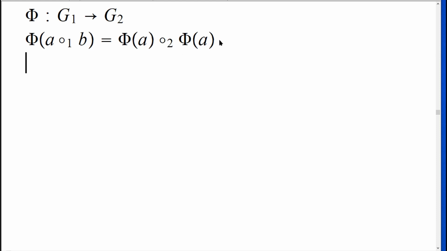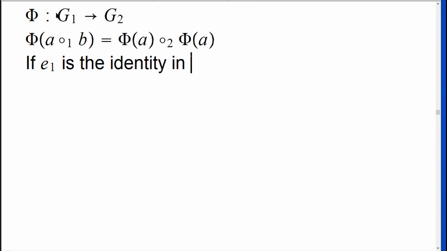Because of this property, if say E1 is the identity in G1, then phi of E1, that is, identity will be carried to identity.